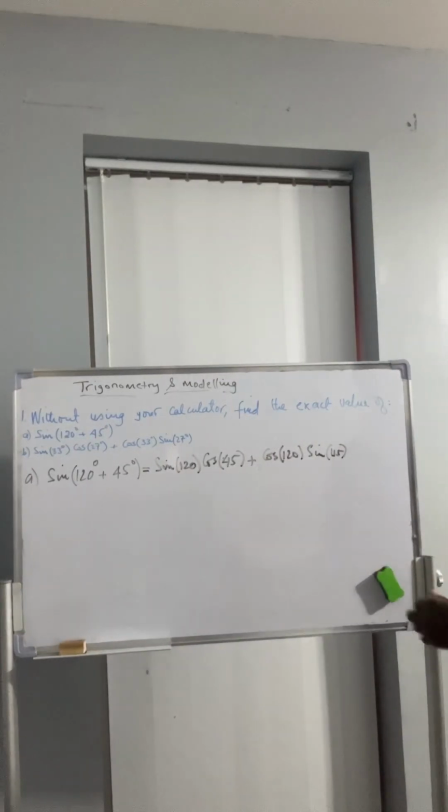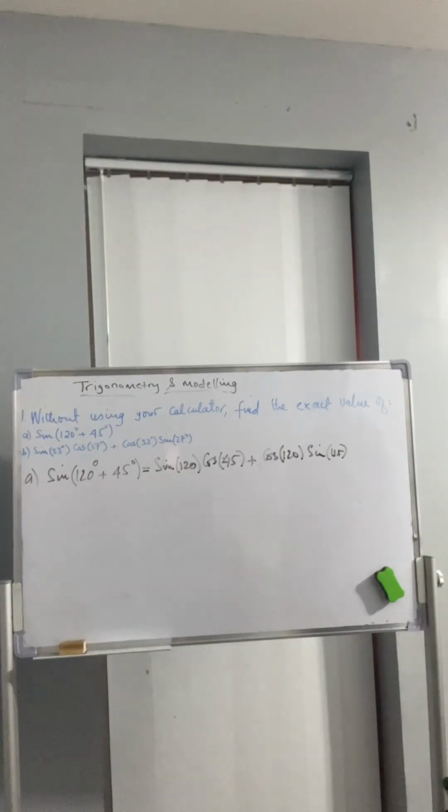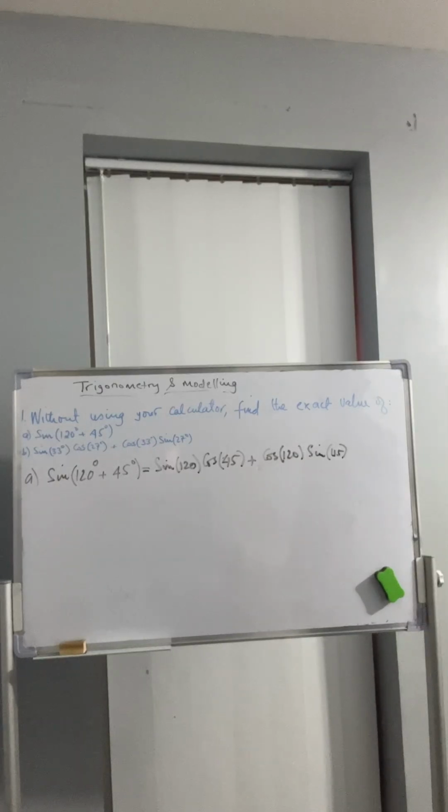And you are told you shouldn't use a calculator. So what is sine 120? What is cos 45? And what is cos 120 without using a calculator? What is the sine of 45 degrees without using a calculator?